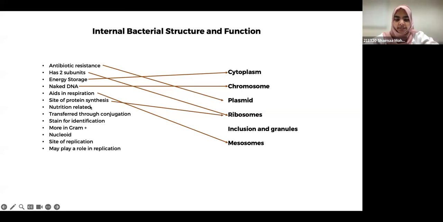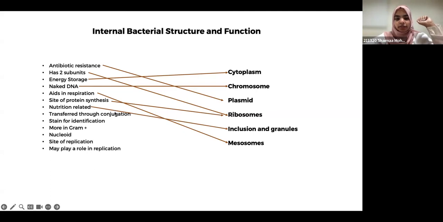Now, which organelles appear and disappear based on the nutritional or environmental status? Yes, inclusions and granules. When there is a harsh environment, they appear to store the nutrients, and when nutrients come, they disappear.